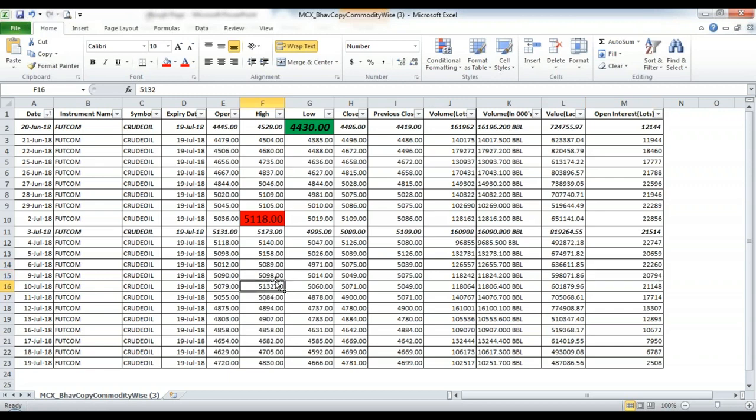Next day, the price goes to this level with heavy selling, and the price goes above this level, right? And it comes and closes at 5071. So is this a resistance? No, sir. It's with heavy selling.